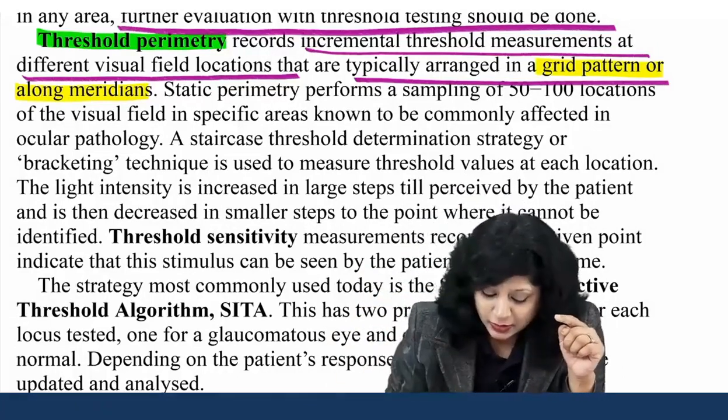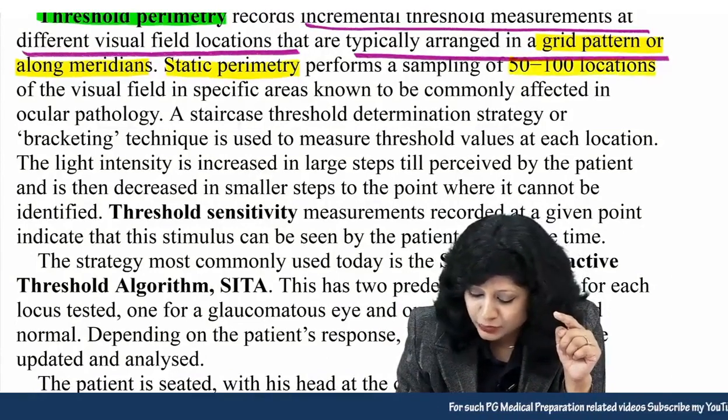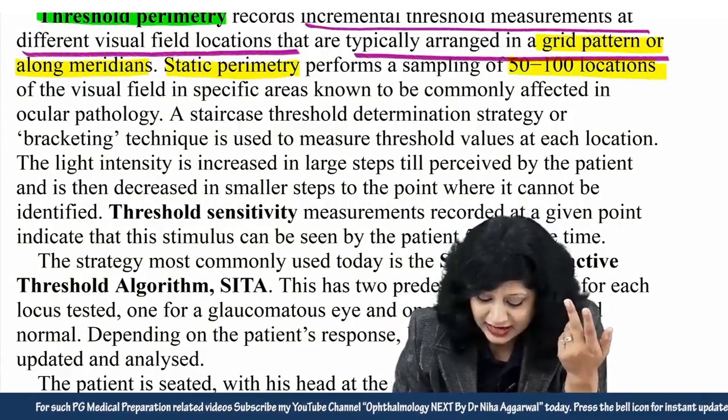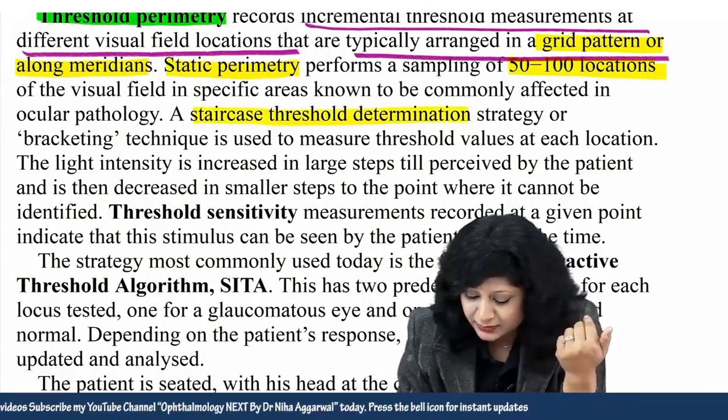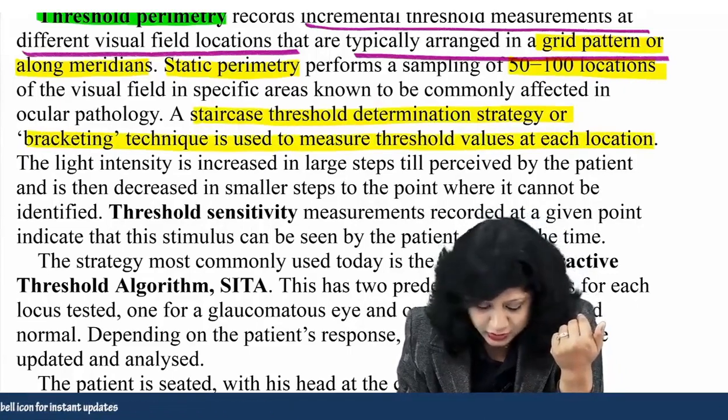Now static perimetry performs a sampling of 50 to 100 locations which are commonly affected in the ocular pathologies, and a staircase threshold determination strategy or a bracketing technique is used to measure the threshold values at each location.